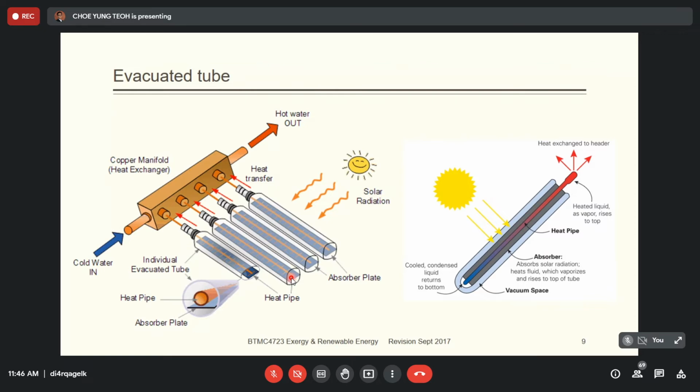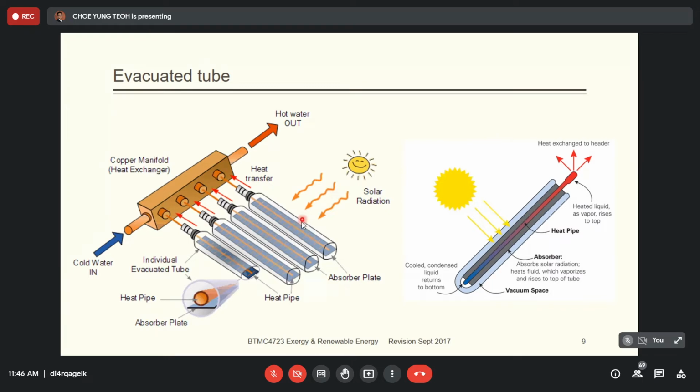We use alcohol because alcohol has a lower boiling point. Alcohol also has very good low viscosity, but of course the thermal capacity will be lesser than water, but it's still acceptable. The good thing about using alcohol is its low boiling point.